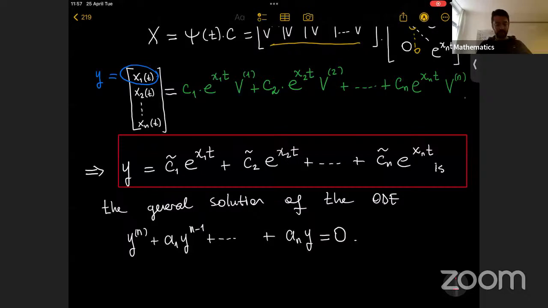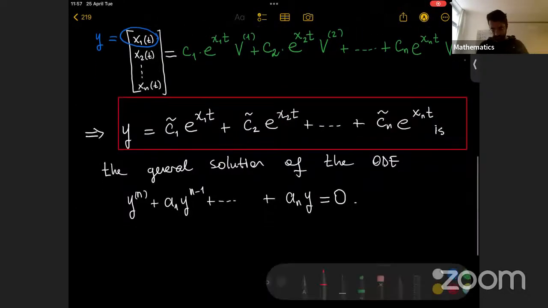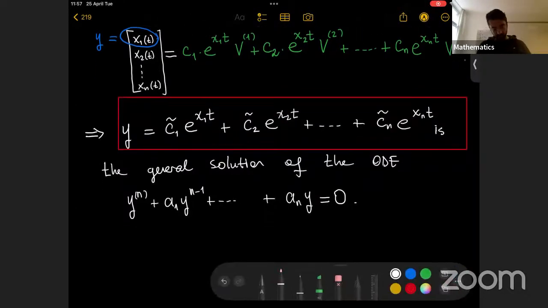Let's do one example. The nice thing is, remember, to solve this higher order differential equation, we write a linear system. We get the theory from linear systems, but in practice we don't need to use the methods of systems to solve higher order differential equations. So we don't need to go with the exponential matrix and so on.